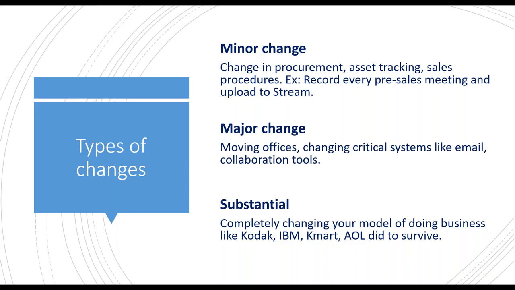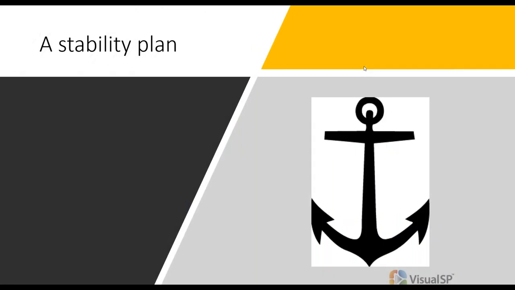Depending on the change that you're making, you have, of course, different effort involved. So keep that in mind, and keep also in mind that you can always provide a stability plan when a change has to be made. What do I mean by stability plan?